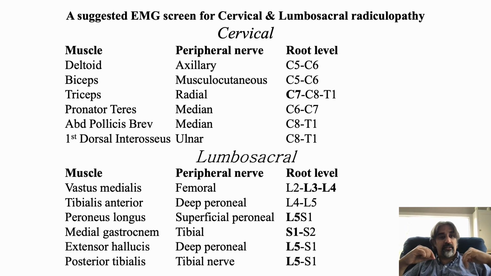So for example, here you see deltoid is innervated by C5-6, but so is biceps. So if you had an abnormality in both of them, then it's more likely that this is coming from a C5 or C6 problem or maybe upper trunk, but definitely not coming from a single peripheral nerve because they're innervated by axillary and musculocutaneous. So that's kind of the thinking that goes into picking the muscles.